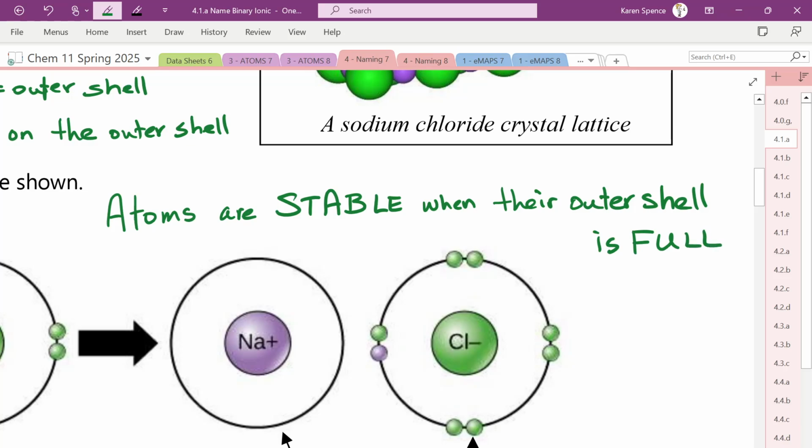So basically, in order to form a compound, metals will empty their shell, non-metals will take electrons, okay?